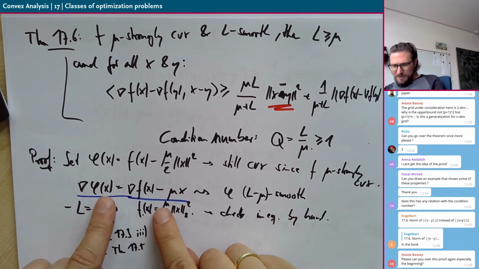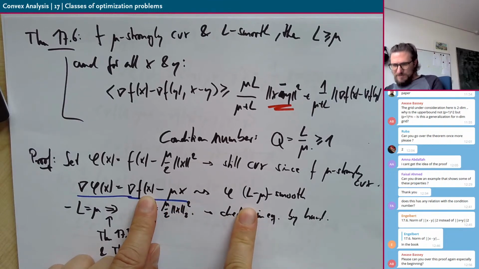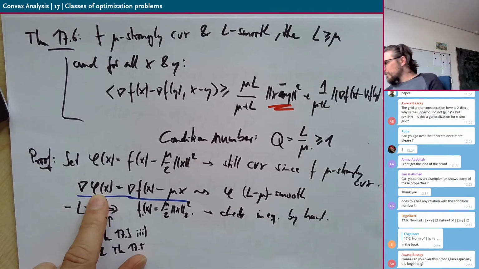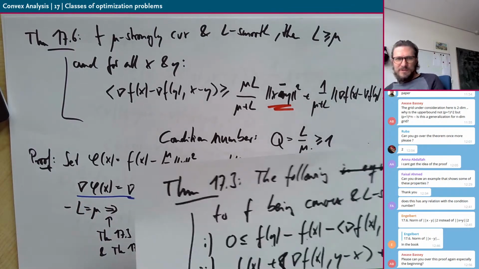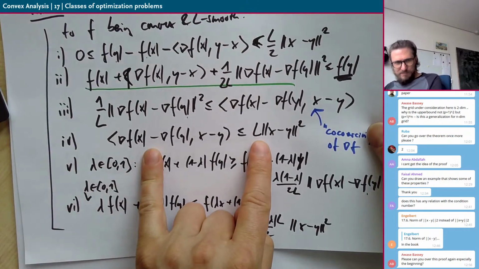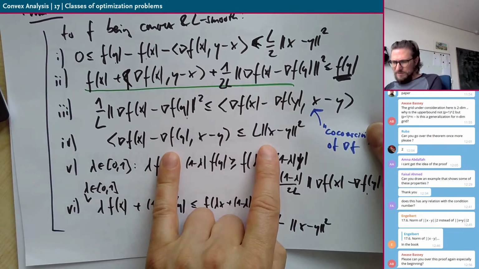Then a simple calculation shows you that the gradient is just the gradient of f minus mu times x. And from this you deduce that this function phi is actually L minus mu smooth. You can do this, for example, by using one of these characterizations here. Probably this one is the simplest. Or that one, I think that one is the simplest.